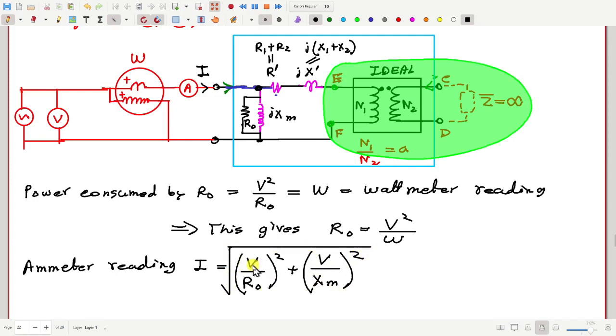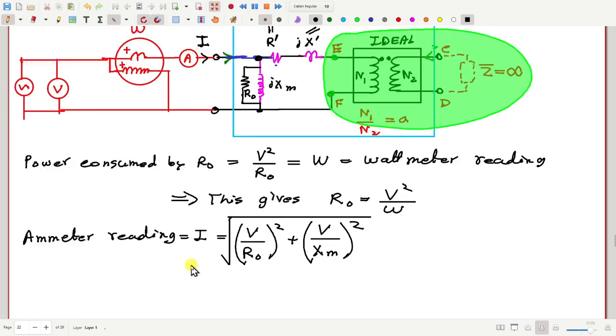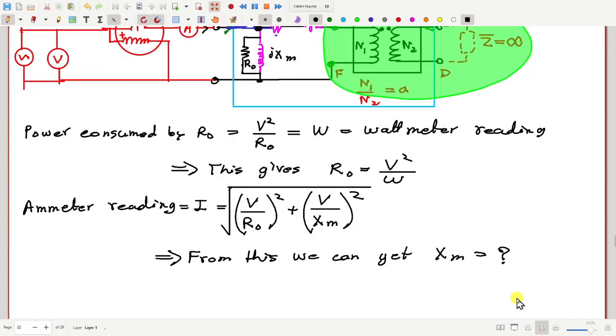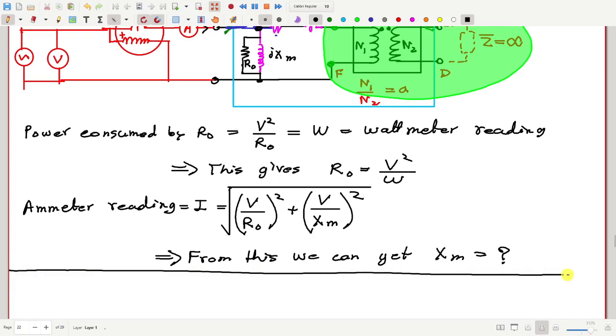Now V is already known, R0 is known, the reading of the wattmeter is observed. So from this we can get XM equal to how much? Fine. So you can get the value of XM. Okay, that's the open circuit test.